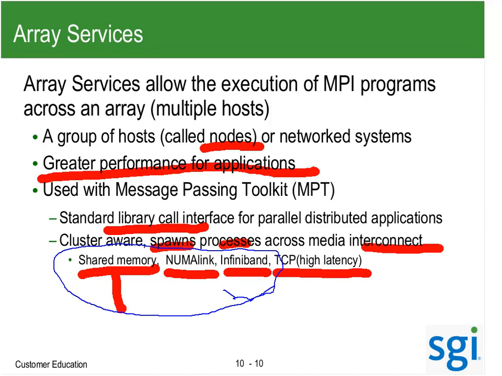So MPT is smart enough to say my neighbor thread is on the same CPU, so I'm going to use shared memory. Or they might say, we're on the same system, so let's use NumaLink, which does include possibly the GRU. You could almost call the GRU another media type of interconnect. But the GRU is really part of NumaLink.